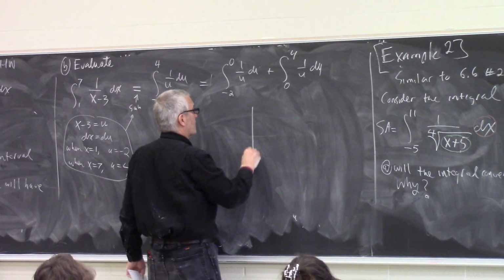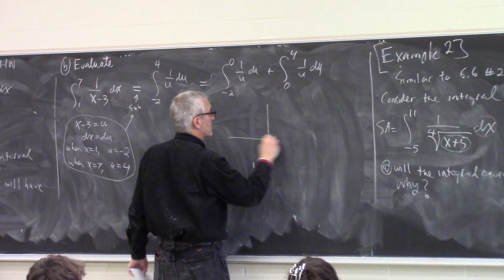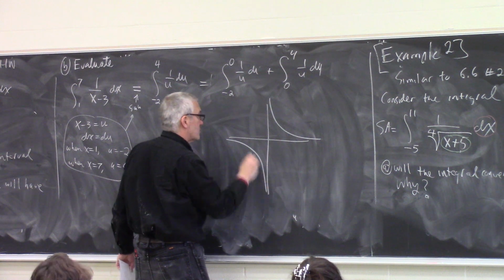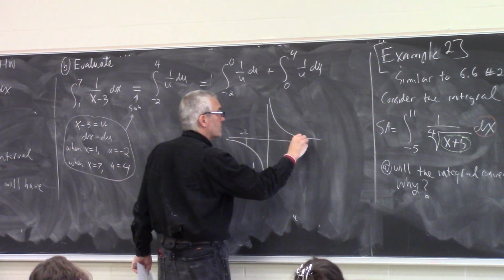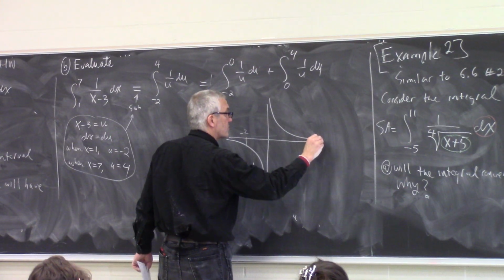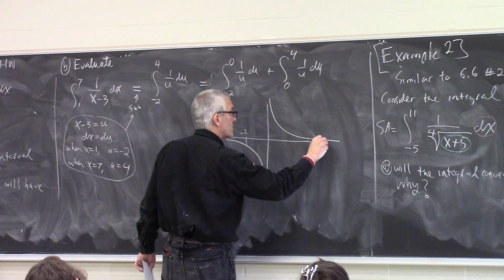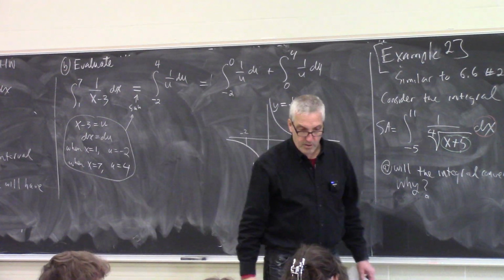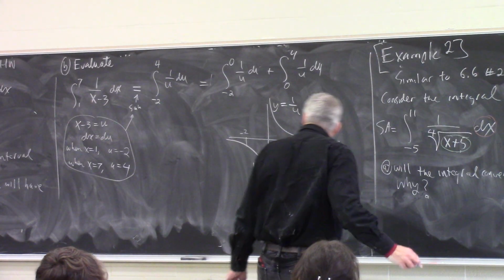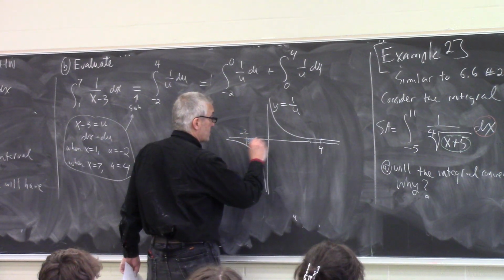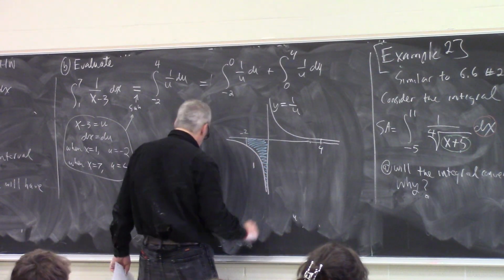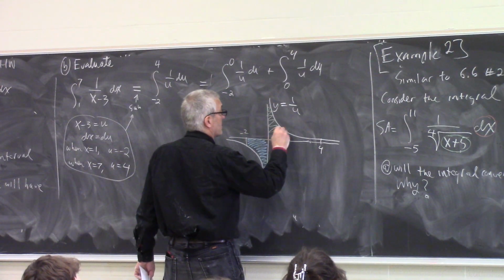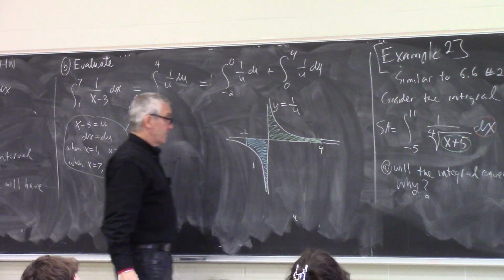Hey, let's illustrate this. Y equals 1 over u. So on the left we have that cool blue lake here, and on the right we have that lovely green hill.